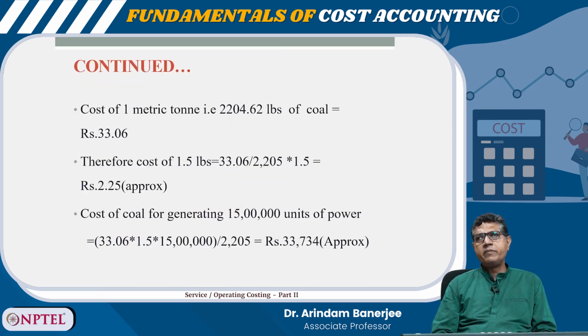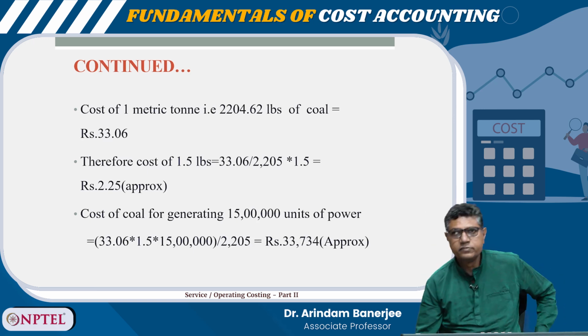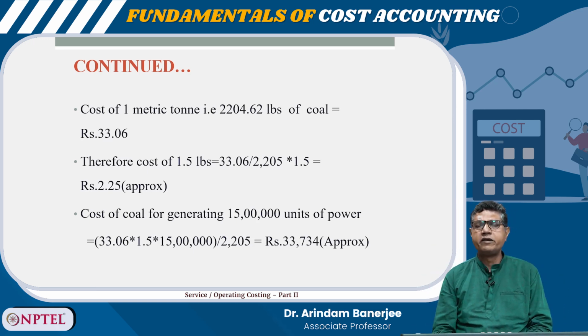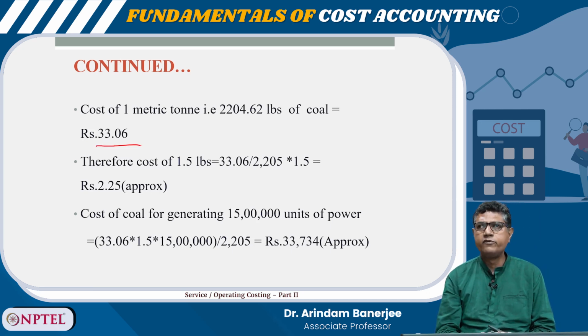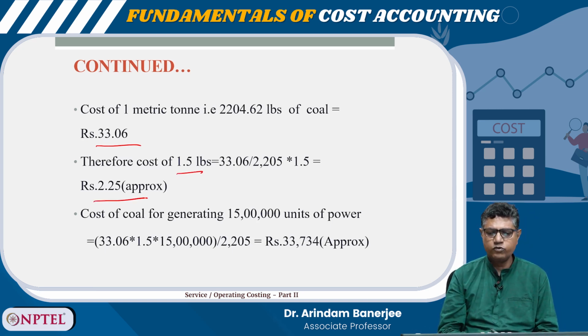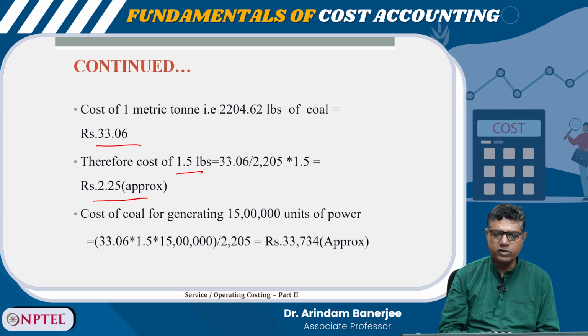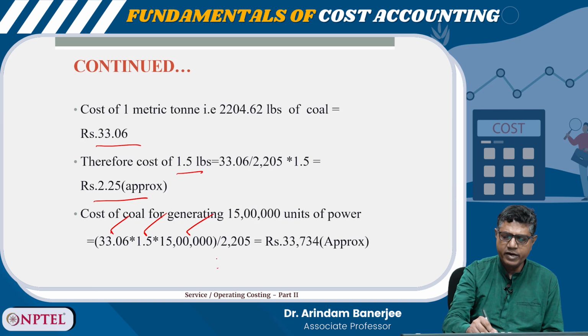So the cost of 1 metric ton, here is the calculation given. Cost of 1 metric ton of 2204.62 pounds of coal is equal to 33.06. It is given, right? Therefore, the cost of 1.5 pounds is approximately 2.25, and the cost of coal for generating 15 lakh units of power is 33.06 into 1.5 into 15 lakh divided by 2205.